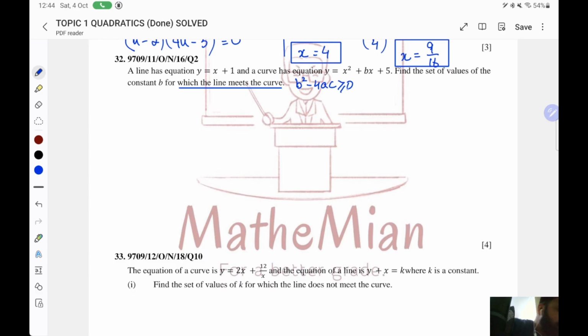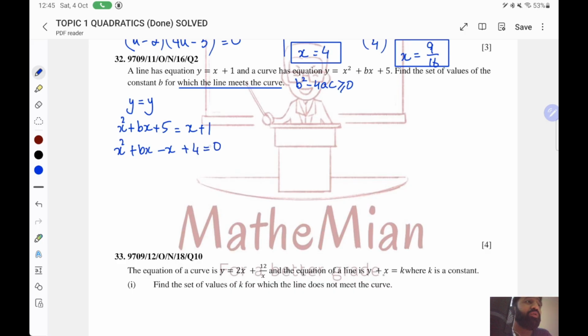Now let's first find the equation for intersection, by putting the y's equal to each other. So it will be x square plus bx plus 5 equal to x plus 1. So x square plus bx minus x plus 4 equals 0.